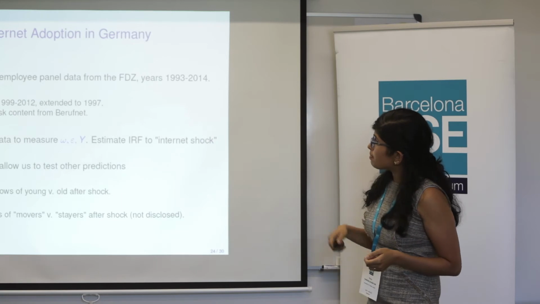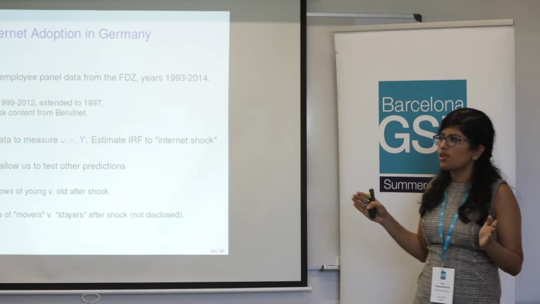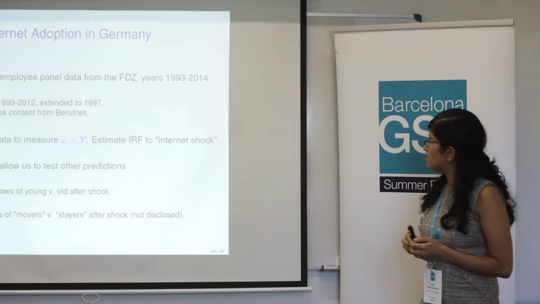We're going to bring this data together with the linked employer-employee panel data from the FTC, which I'm guessing everyone is more familiar with, which we have from the years 1990 to 2014. We only have district-level information from 1997 onwards, so that's what you're going to see in the impulse response functions in a minute.